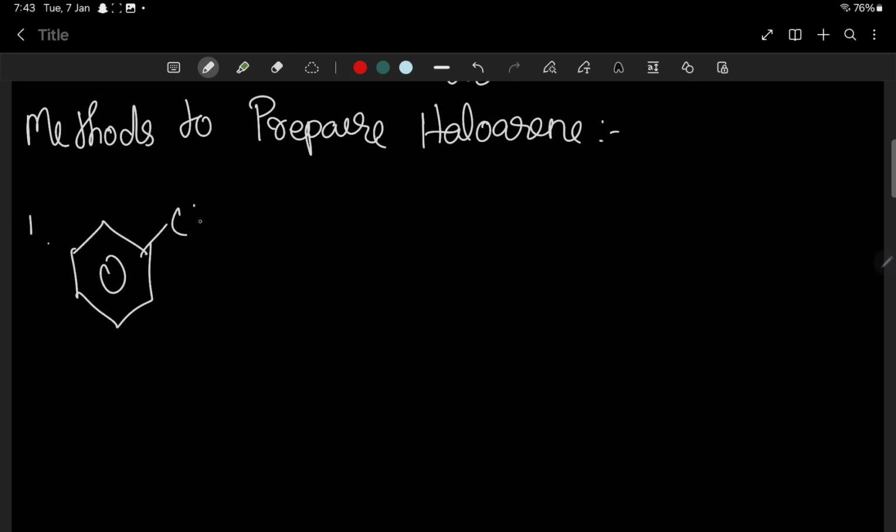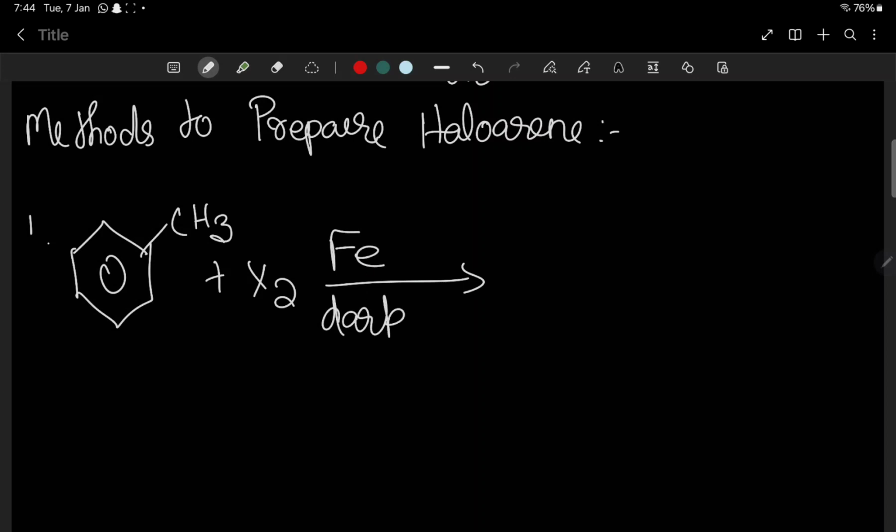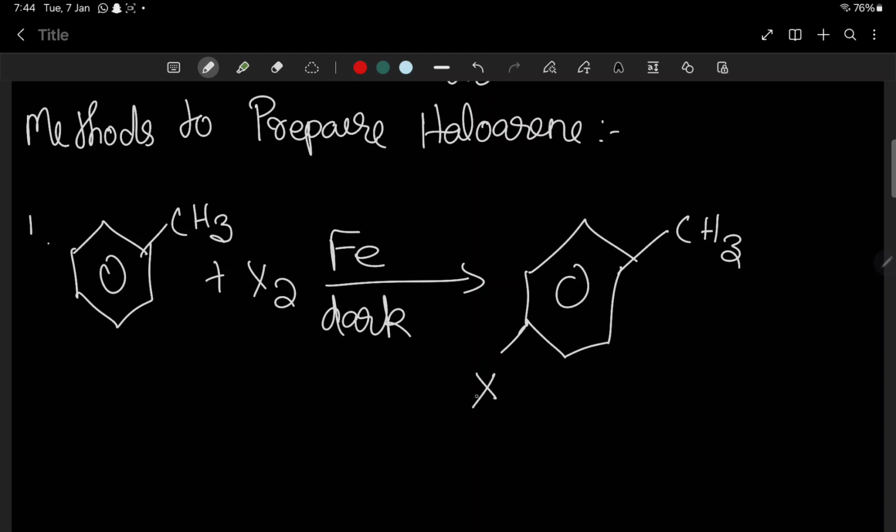Into toluene you can add X2 plus Fe in dark. You get para-halotoluene, or you will get ortho-halotoluene, or you can get both.